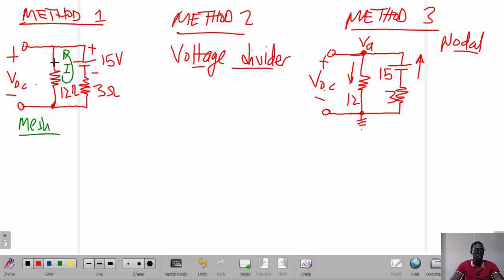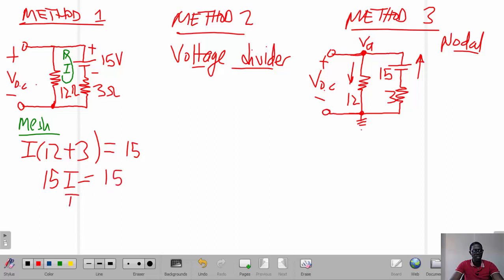For a parallel circuit, that voltage across the 12 ohm resistor must be equal to the voltage at the open circuit terminals. Therefore, what we have is I multiplied by 12 plus 3, which is this resistance there, and this must be equal to 15. So basically 15I is equal to 15, and I therefore is equal to 1 amp.